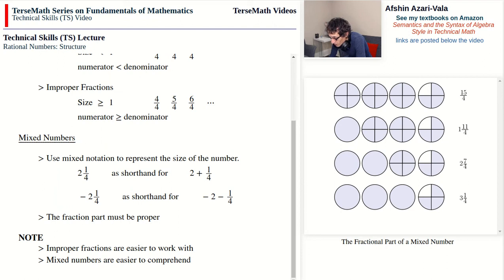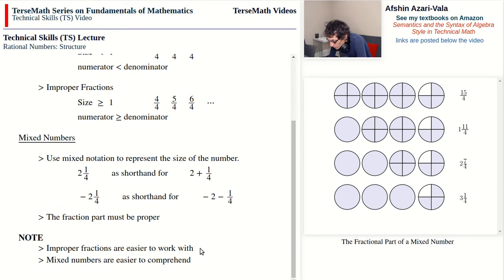Imagine if somebody tells you I have 890 quarters or 891 quarters. It would be much better if they give you as many dollars as they can possibly make from those quarters with any change that's left. That would be so many dollars and let's say 3 quarters. That would be much easier to understand and comprehend.